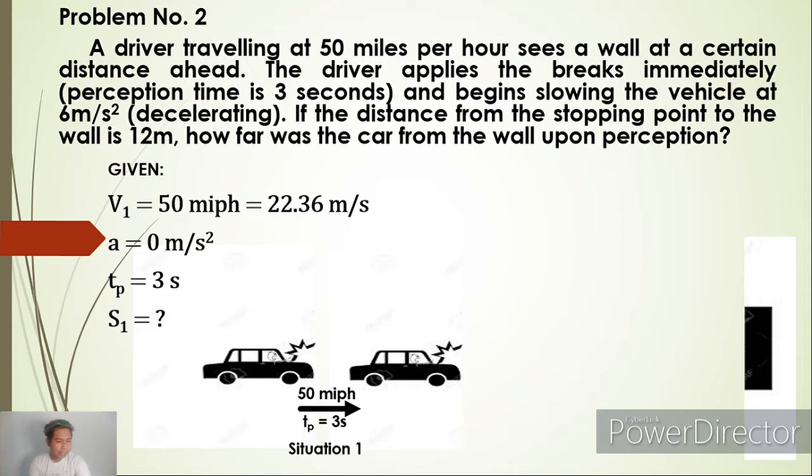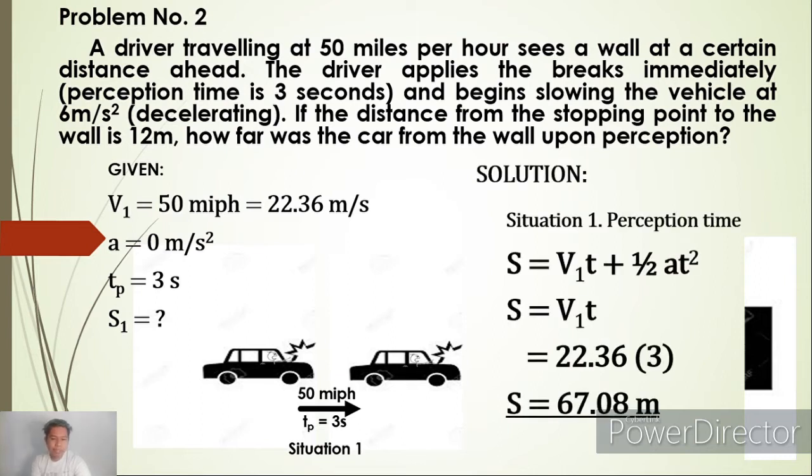So, ano pa yung given natin? We have the perception time which is 3 seconds. So, ang hinahanap natin dito is gaano kalayo yung na-travel ng kotse simula yung na-perceive niya yung pader hanggang doon sa bago siya mag-apply ng brake sa kanyang sasakyan. So, for situation 1, perception time, S is equals to V1T plus 1/2 AT squared.